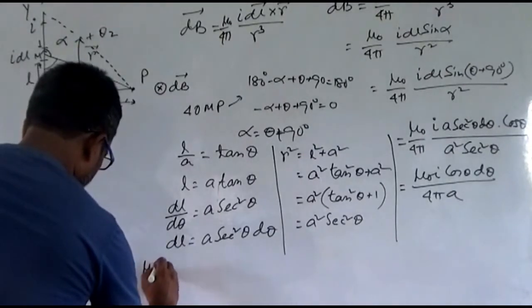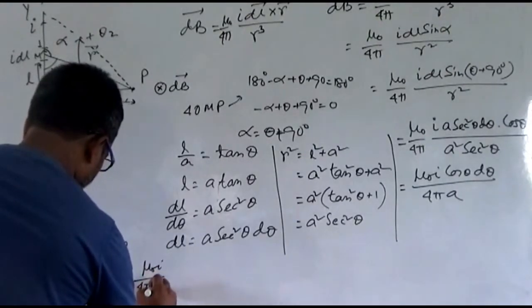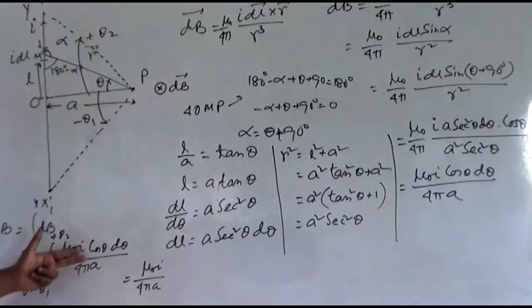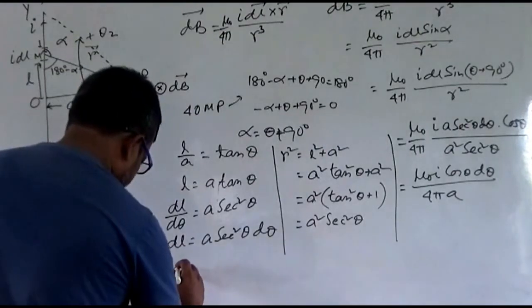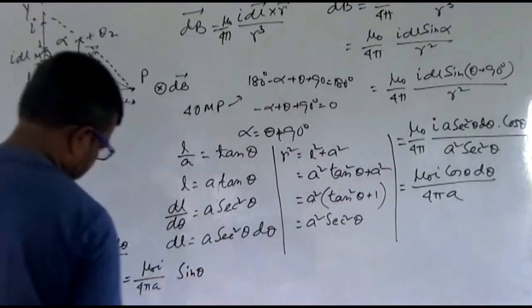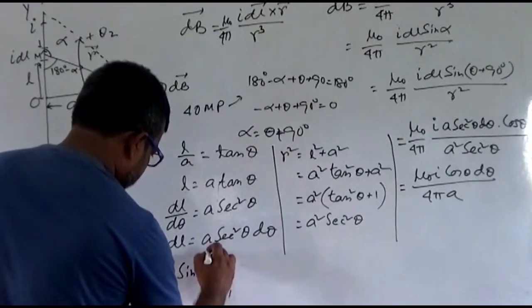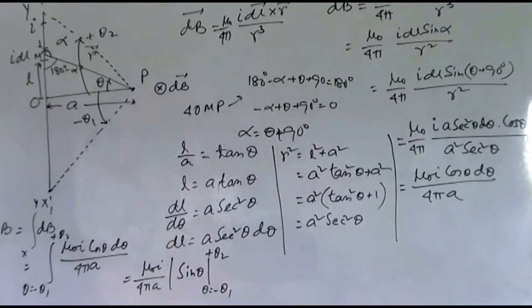Now mu naught I by 4 pi a are constants, that's why they can be taken out of the integration, and you get the integration of cos theta d theta. We know the integration of cos theta d theta is sin theta, and the limit is theta equal to minus theta 1 to plus theta 2.